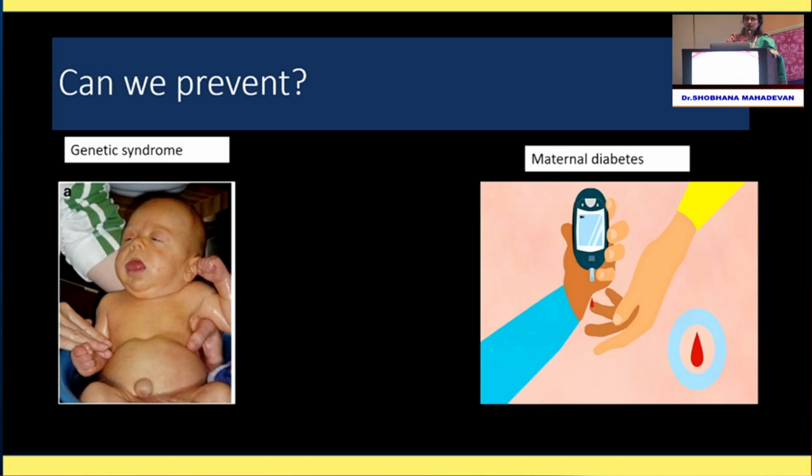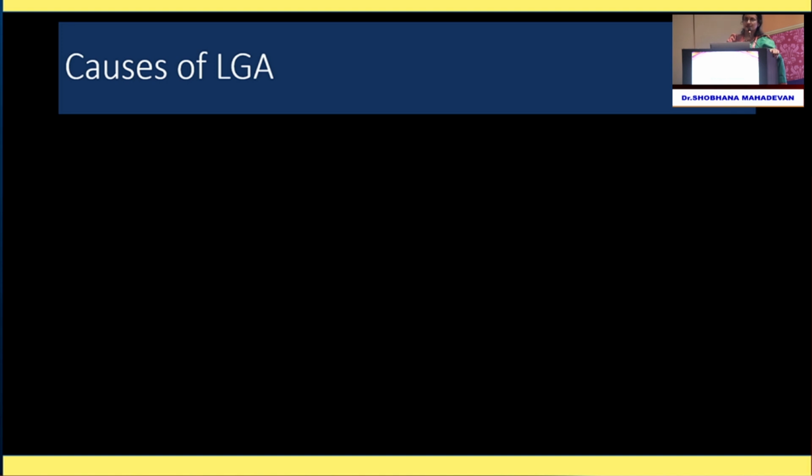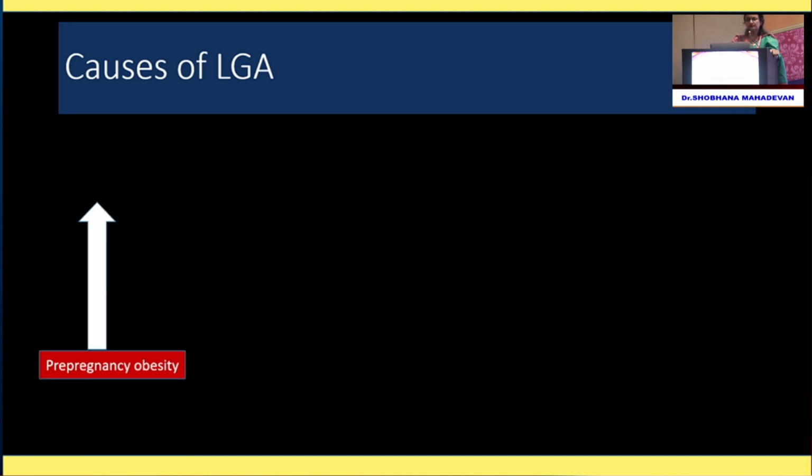So, can we prevent LGA? There are some genetic syndromes that are associated with LGA, such as Beckwith syndrome. Obviously, these have to be diagnosed and managed appropriately, but they are non-modifiable. Maternal diabetes, we just had an excellent talk by the professor, is an important reason for LGA, but that is not the scope of this talk. So outside of these two reasons, do we have other reasons for having a large baby?